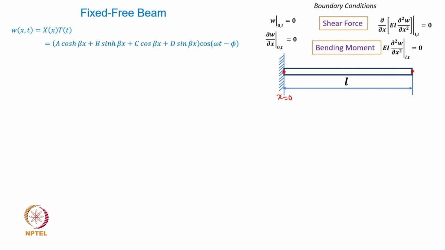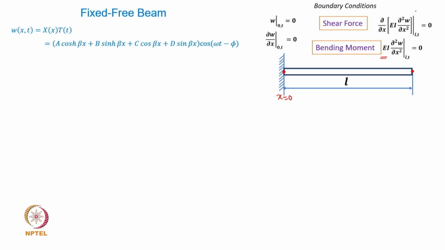Now we have already discussed these expressions in the derivation of the governing equation of motion, wherein M was equal to EI, the flexural rigidity, times the second derivative of the lateral deflection, dou 2 w by dou x square, at x equal to L at all times, is going to be equal to 0.